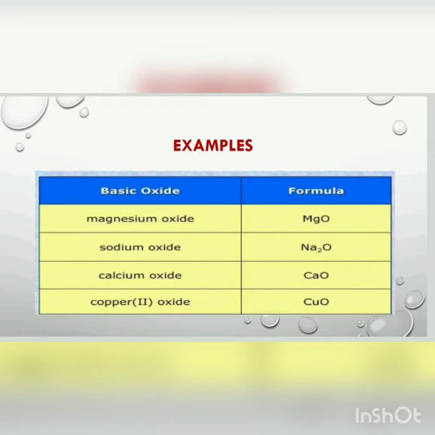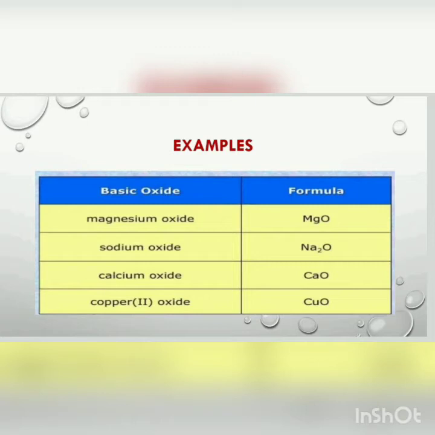When copper oxide dissolves in water, it forms copper hydroxide, right? So all these oxides dissolve in water and form hydroxides, which are basic in nature. That's why these oxides are known as basic oxides, right?